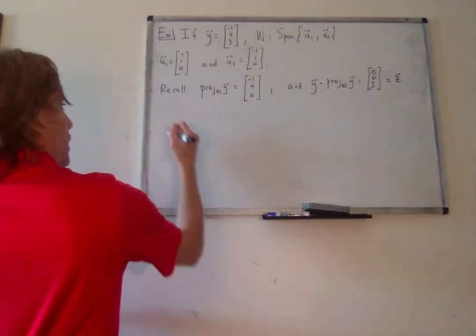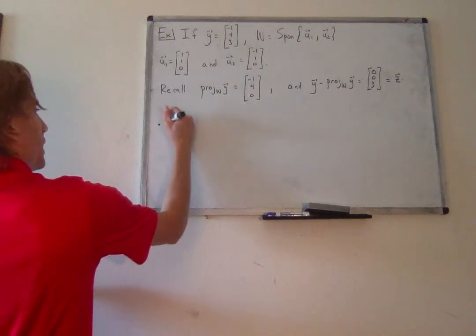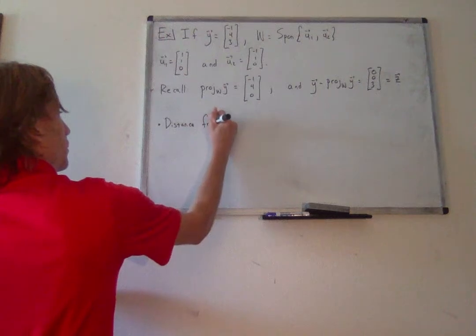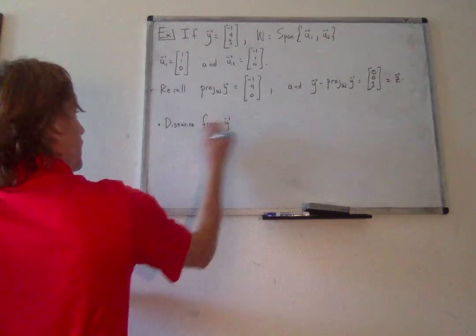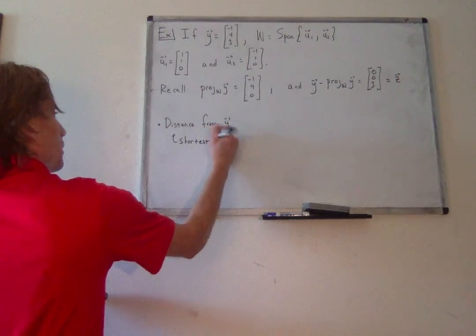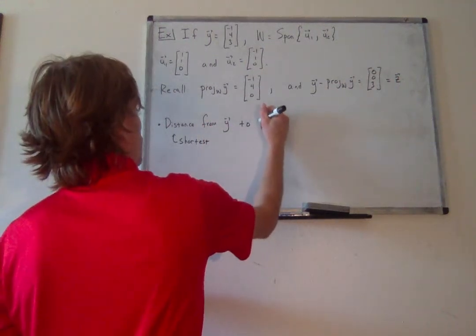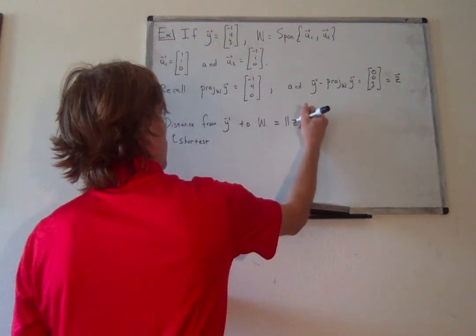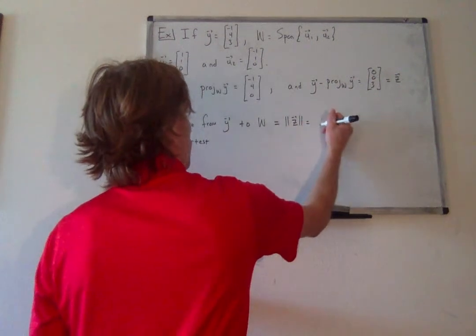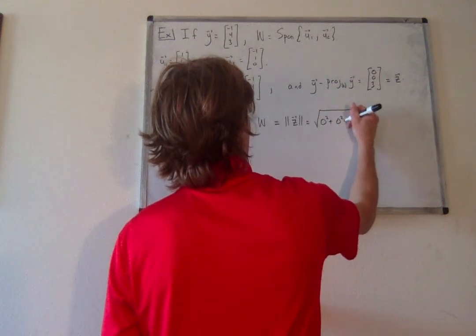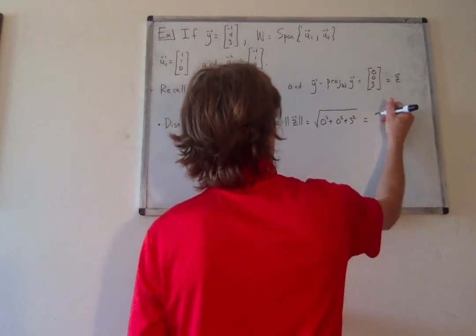And so what the best approximation theorem was claiming was that the shortest distance from y to W is equal to the length of z, which is 0 squared plus 0 squared plus 3 squared, which is just 3.